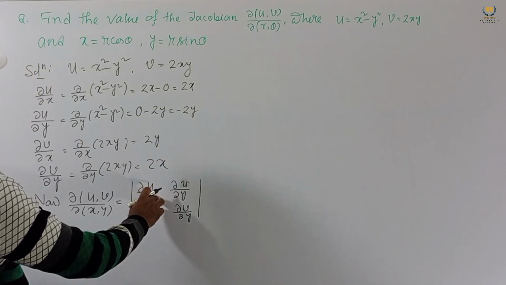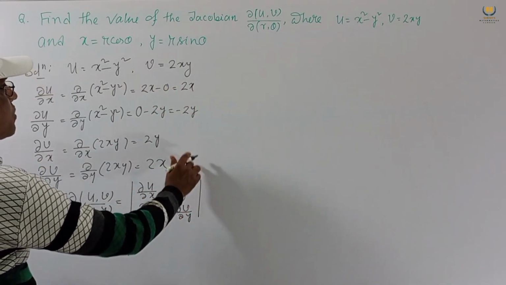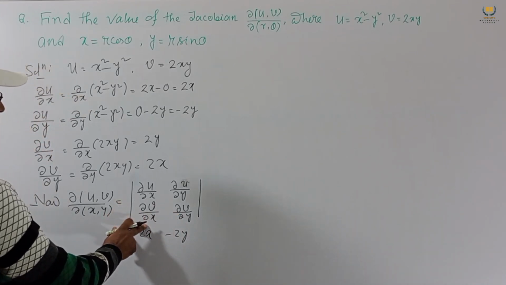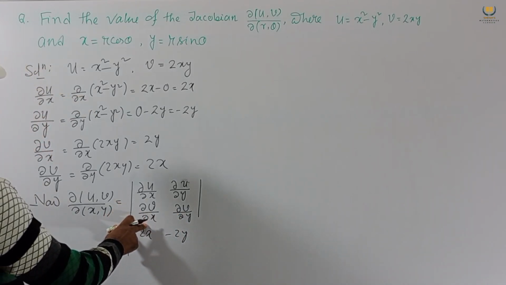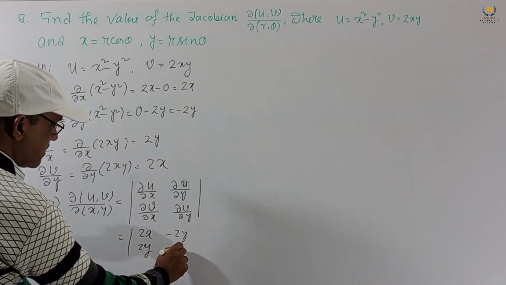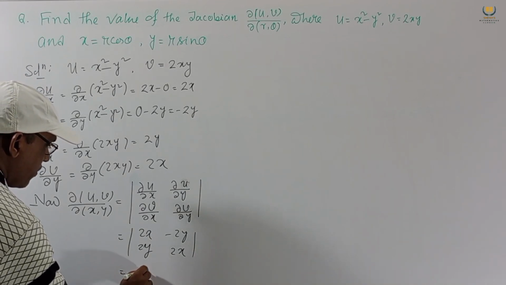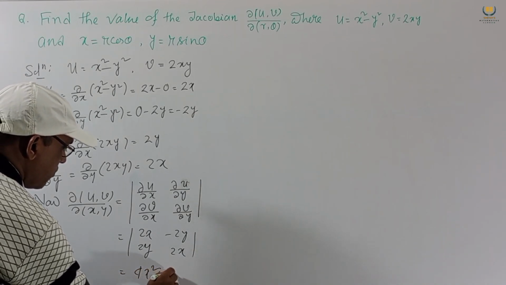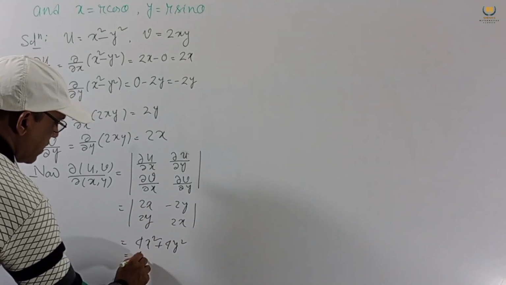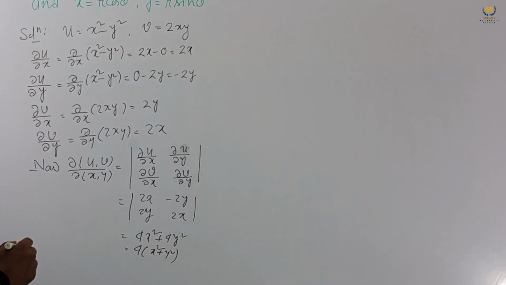The value of ∂u/∂x is twice x, this one is minus twice y, and ∂v/∂x is twice y, this is twice x. If we expand this, then this will be 4x square plus 4y square, taking 4 common, x square plus y square.